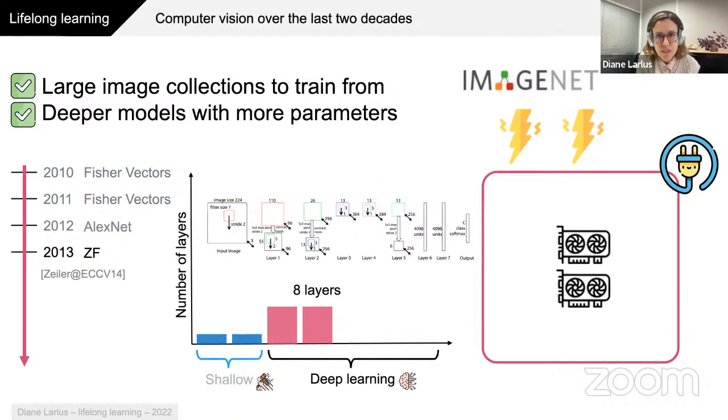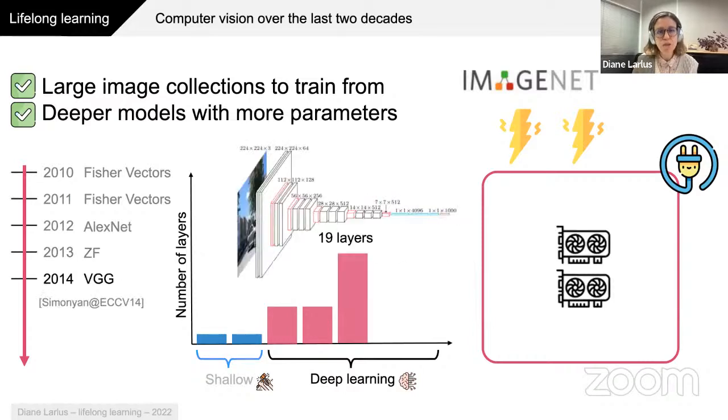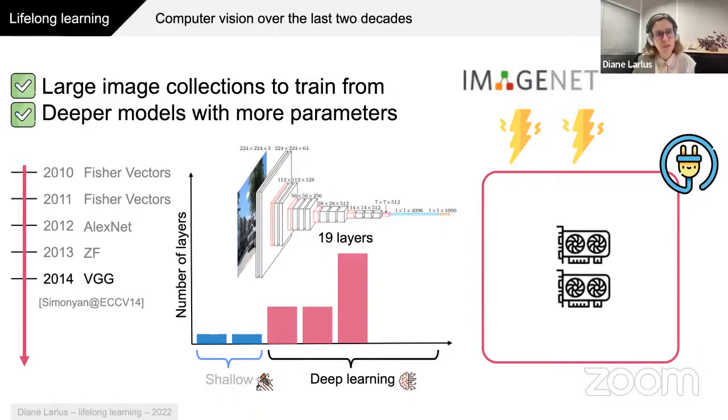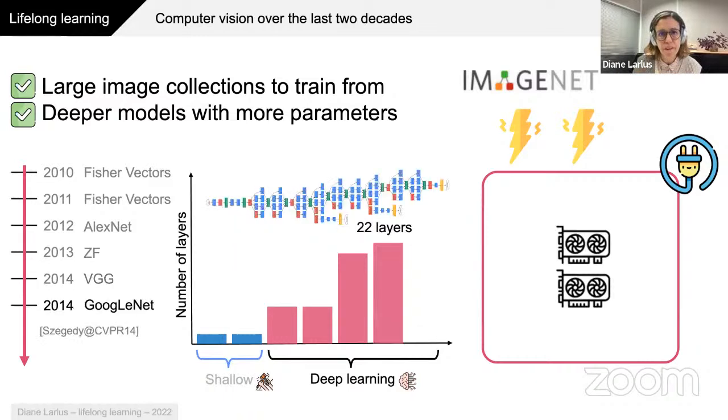In 2013, another architecture was proposed by Zeiler and Fergus, which won the challenge with 8 layers as well. In 2014, the VGG network and its 19 layers won the challenge. So this one required training a considerably larger number of parameters than the winning methods from the 2 previous years. So we're really growing in sizes for the networks.